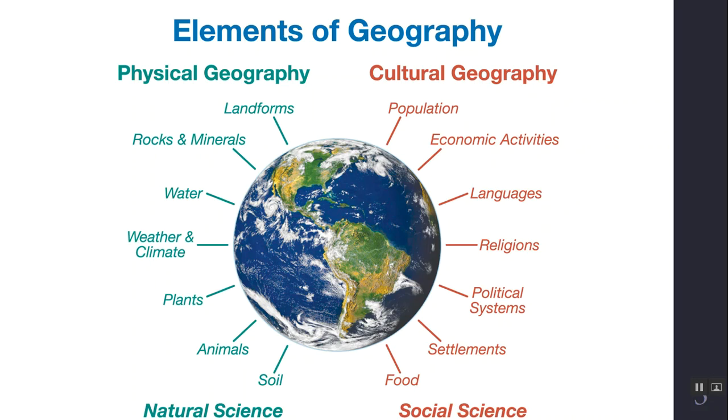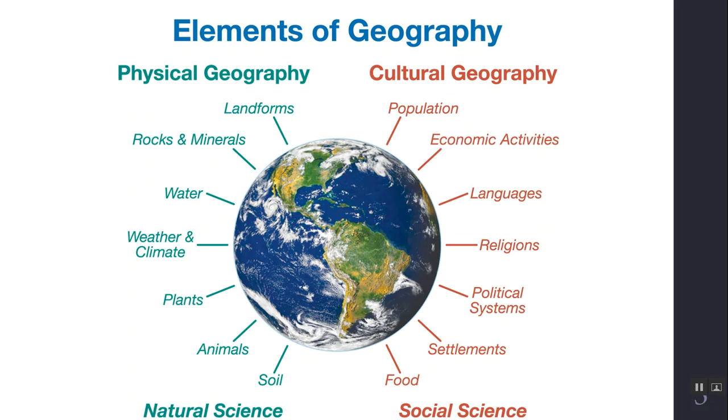If you have taken or plan on taking a physical geography class, you might look at things like the formation of landforms, rocks and minerals, water, weather and climate, plants and animals through the study of biogeography, and soils. And so that's more on the side of natural science.